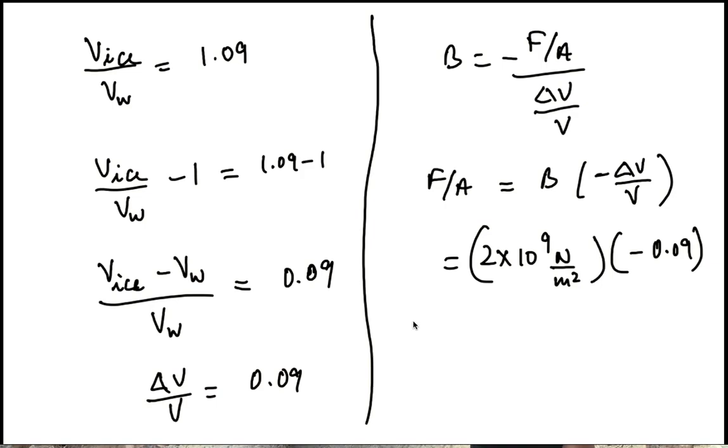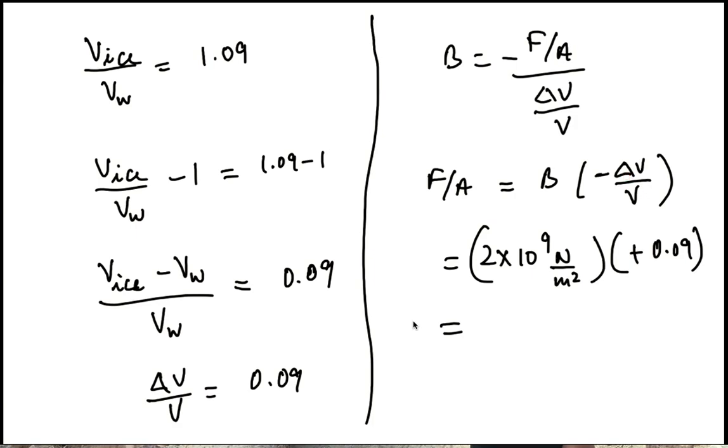This becomes positive because the change in volume was minus 0.09. The volume decreased, and negative of negative makes it positive.